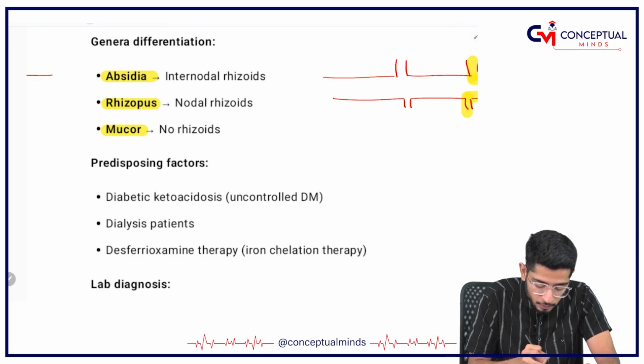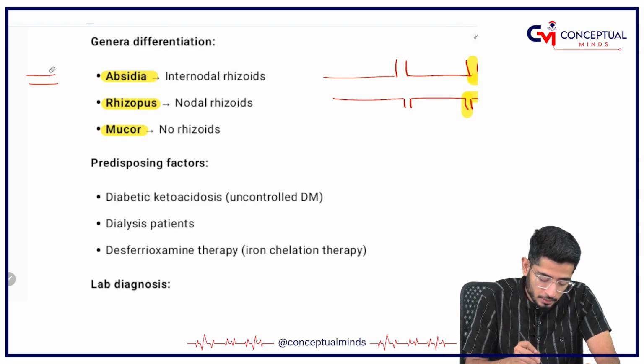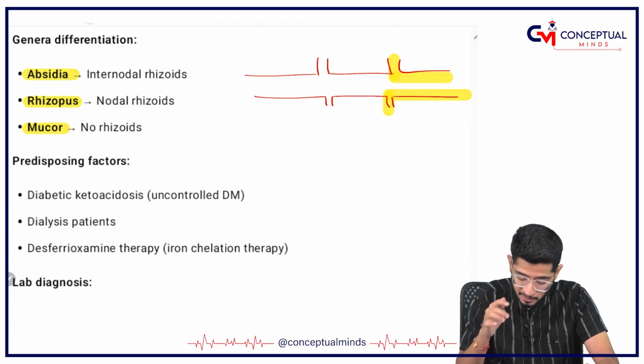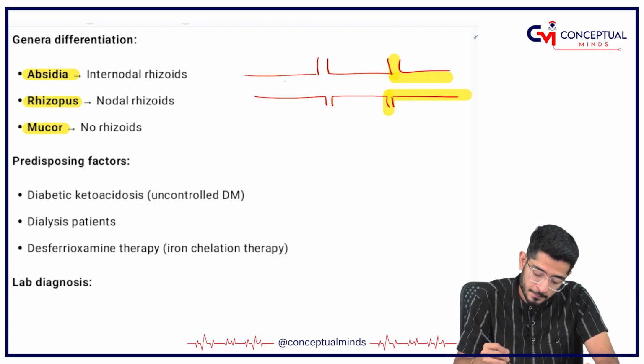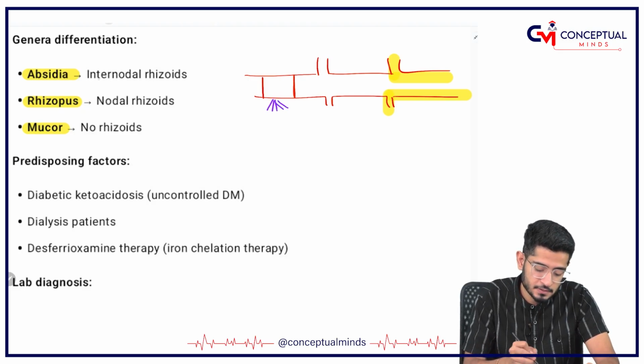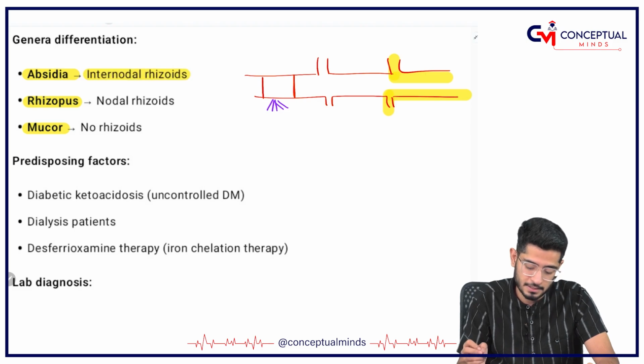One is going to have the internodal rhizoids. For example, if I make Absidia for you, see here, this is one node, this is the second node, and here if you have the branches, this is called internodal rhizoids.